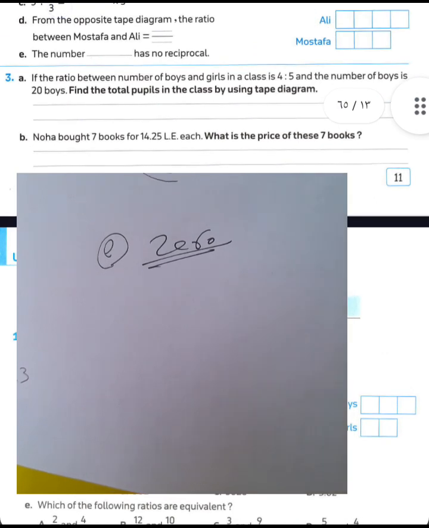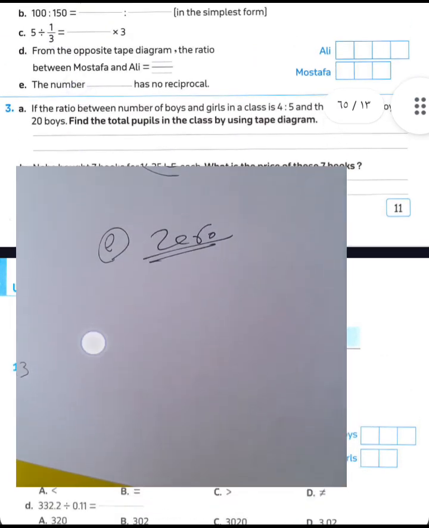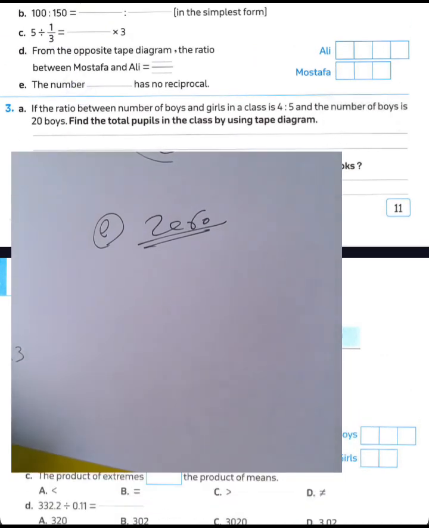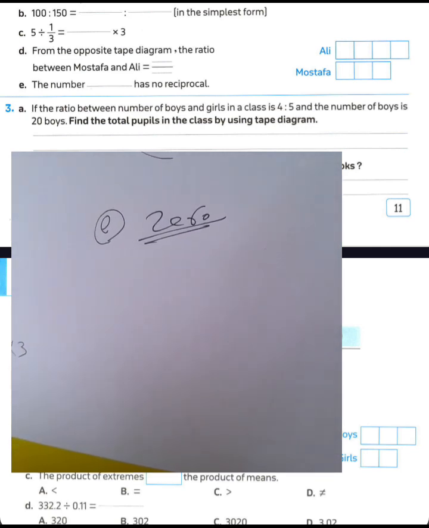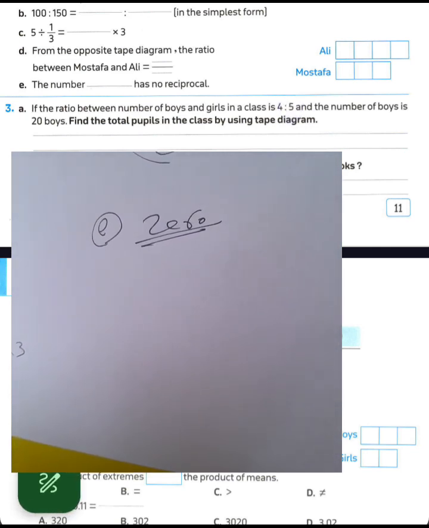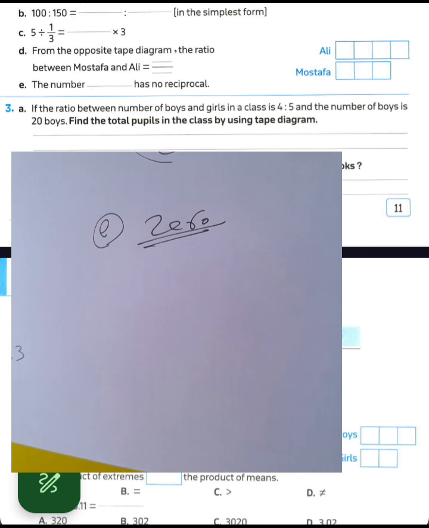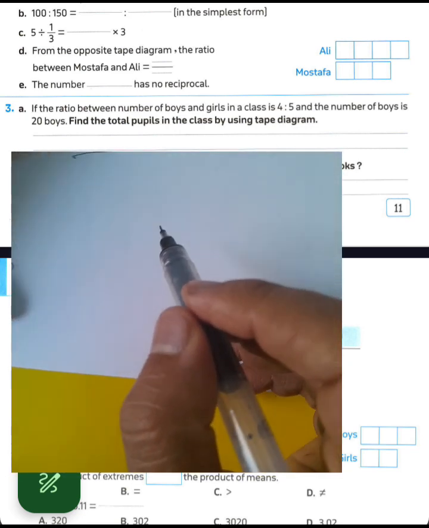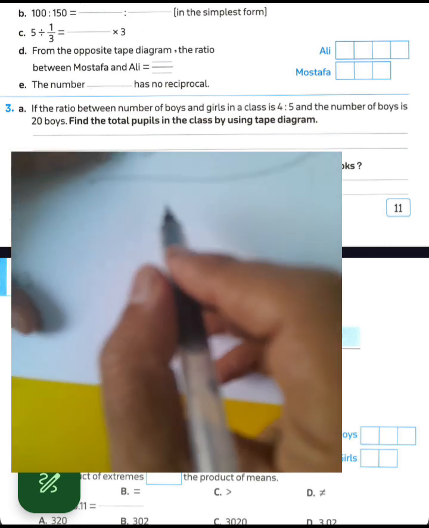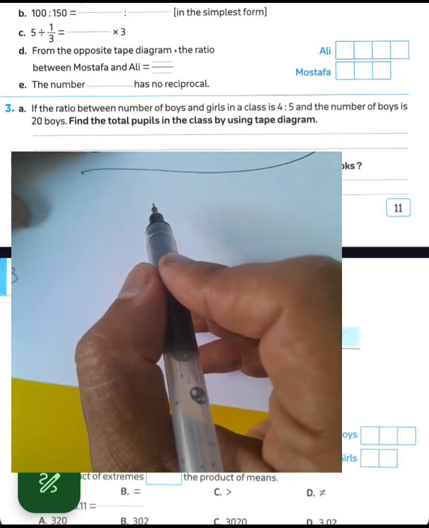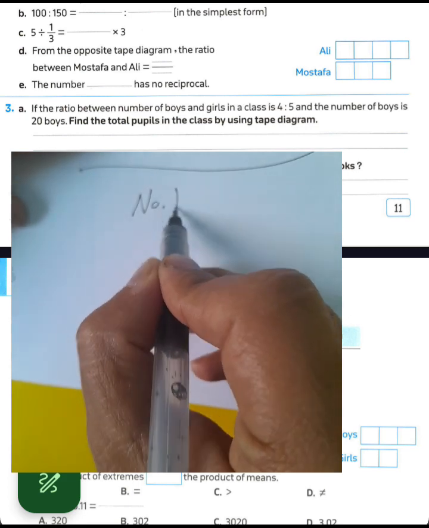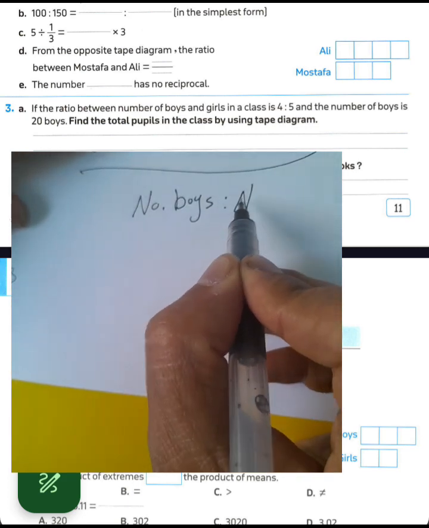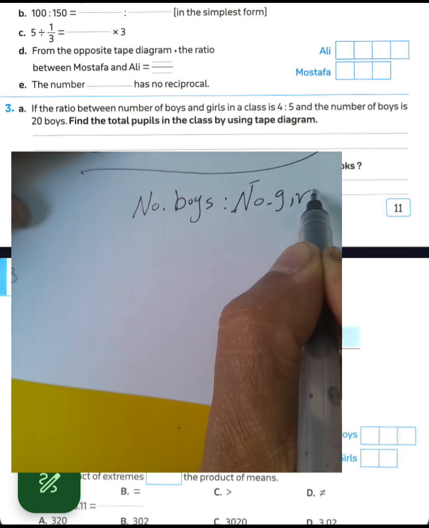Question number 3. If the ratio between the number of boys and number of girls in the class is 4 to 5, and the number of boys is 20 boys, find the total pupils in class by using a tape diagram. We have the ratio between the number of boys and number of girls.